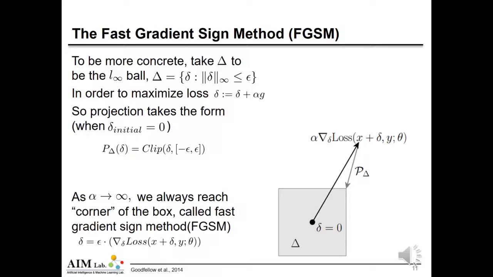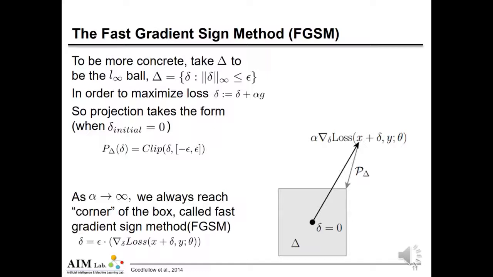In order to maximize the loss, we want to adjust delta in the direction of this gradient. As I mentioned before, projecting delta onto this set simply involves clipping the value of delta to lie within the range minus epsilon to epsilon. And if our initial delta is 0, this gives the update as clipping delta to minus epsilon and epsilon.